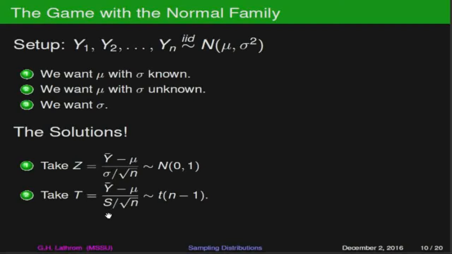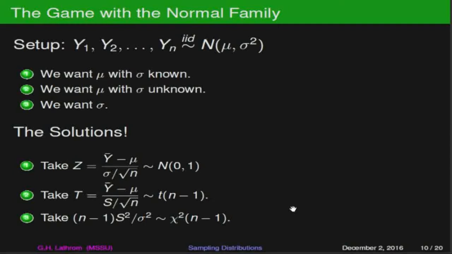So our t variable is y bar minus mu over the sample standard deviation divided by root n, and that's going to have a t distribution with n minus 1 degrees of freedom. And finally, if we want to know sigma, then n minus 1 times the sample variance divided by sigma squared has a chi-squared distribution with n minus 1 degrees of freedom. And so that will give us the answer to the third question.